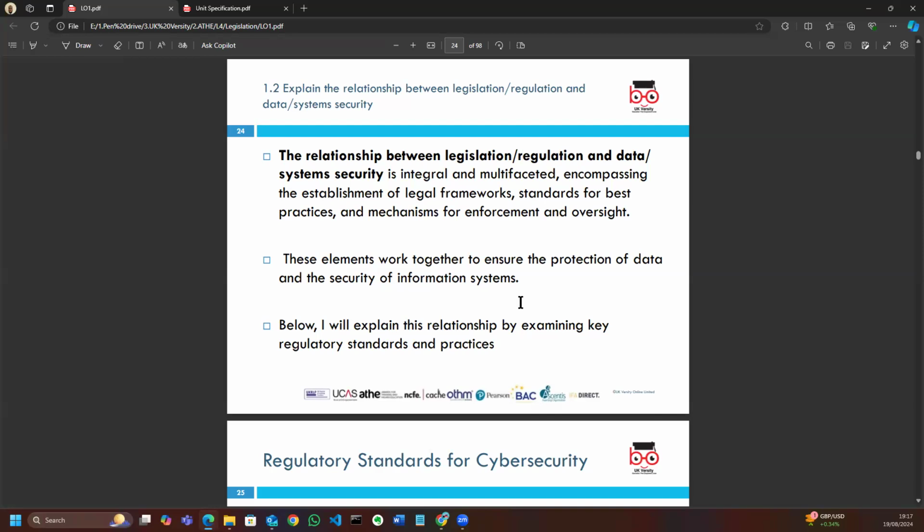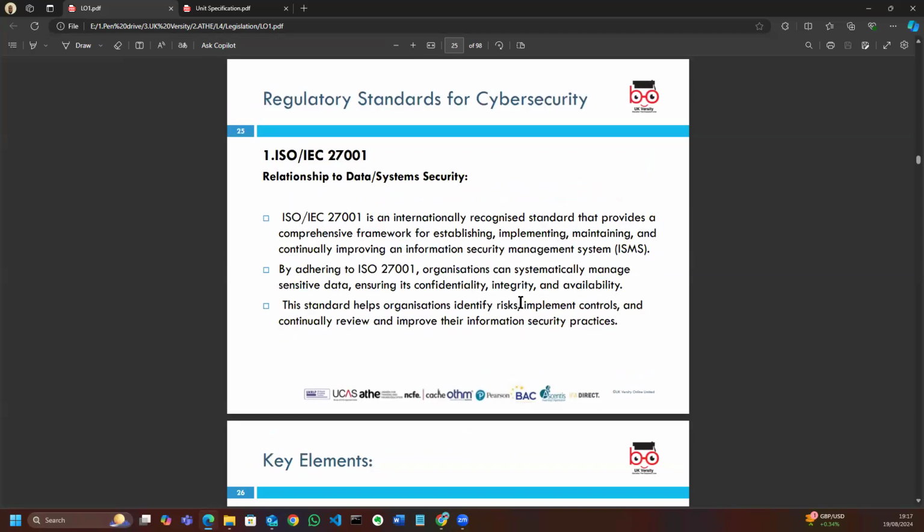So we can now see below where I'm going to explain the relationship of all these key regulations, standards, and practices.